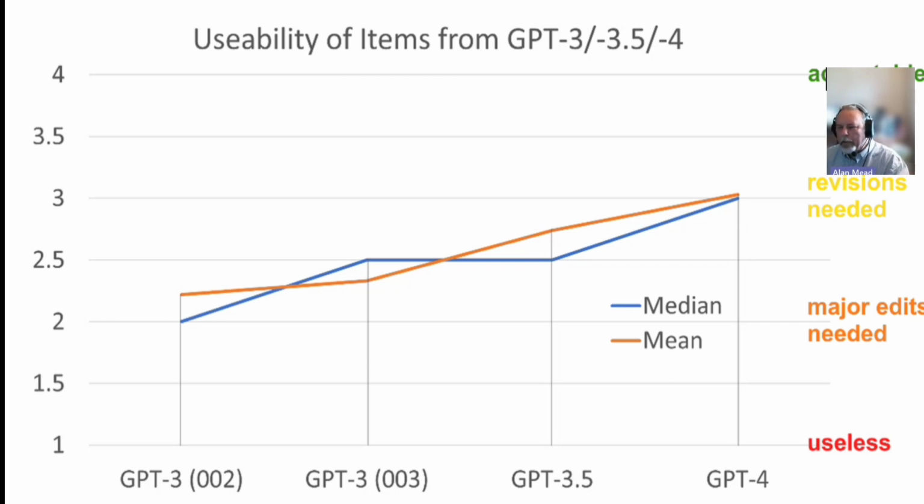Here are the outcomes, and the blue line represents the median. The median for an obsolete version of GPT that was obsoleted last fall was 2. So 2 means major edits needed. And for GPT-3, the update that they did last fall, that's the current GPT-3, it went up to 2.5. It didn't change for GPT 3.5, which is the engine behind Chat GPT.